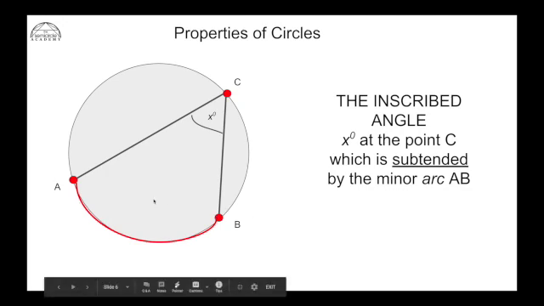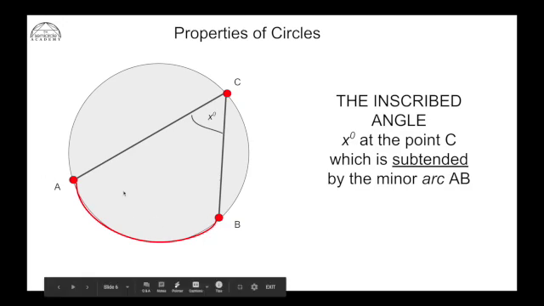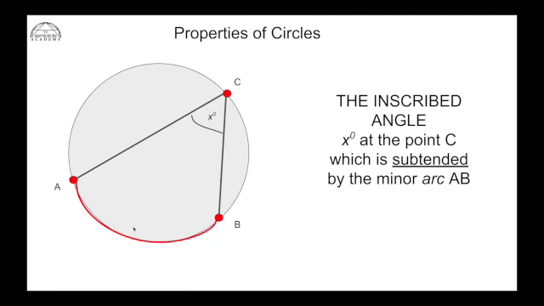So just remember, like when we were talking about triangles, how the length of the opposite side depends on the opposite angle. The bigger this angle is, the bigger this side of the triangle is. Well, the same thing.